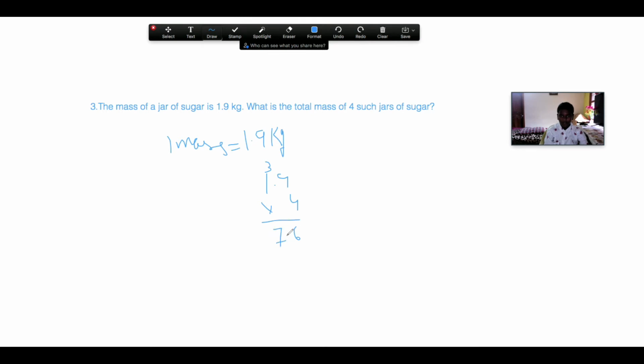After 1 point it is said, so it is 7.6. So therefore the total mass of 4 such jars of sugar is equals to 7.6.